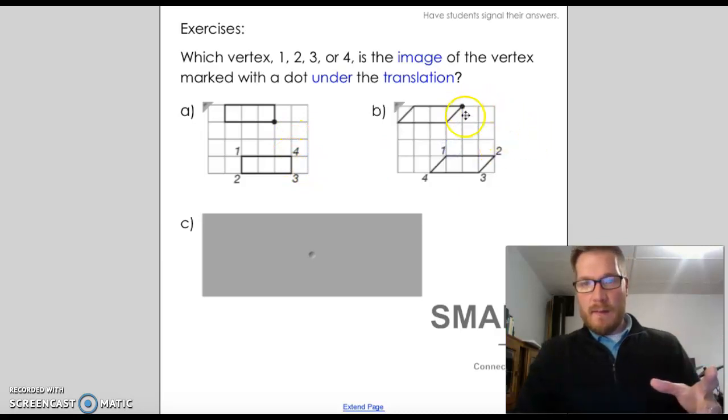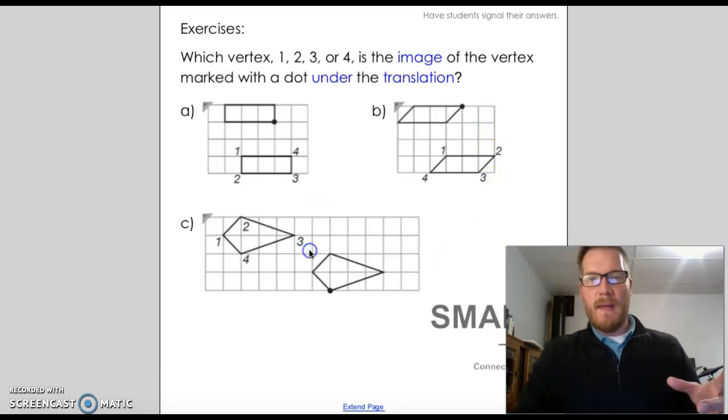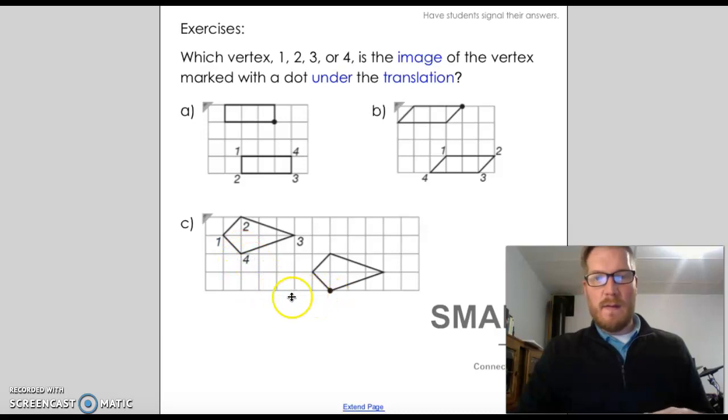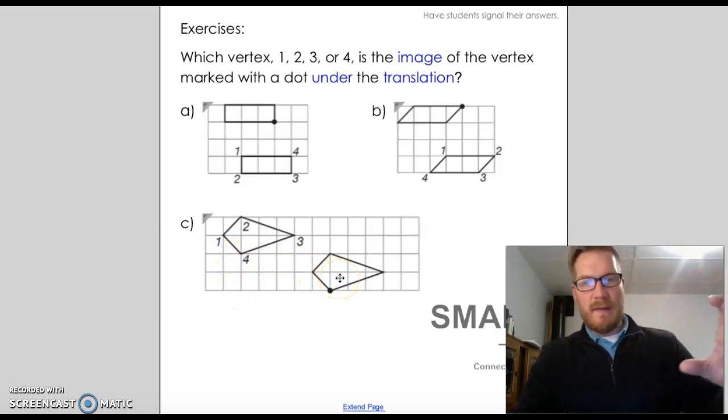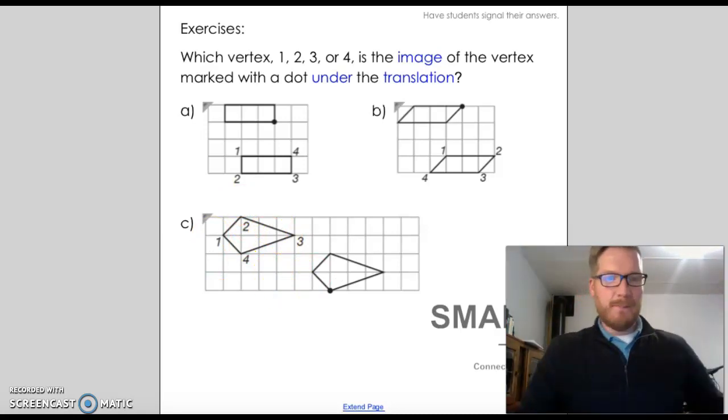This one, our dot's up in the top corner here, and so it matches up with point 2, so it's gone 1, 2 to the right, and 1, 2, 3 units down. This last one here, here's the dot, and it matches up with vertex 4, so it means it's gone 1, 2, 3, 4, 5 to the left, and up 1, 2. So these whole shapes have been translated over, in that last case, 5 to the left and 2 up.